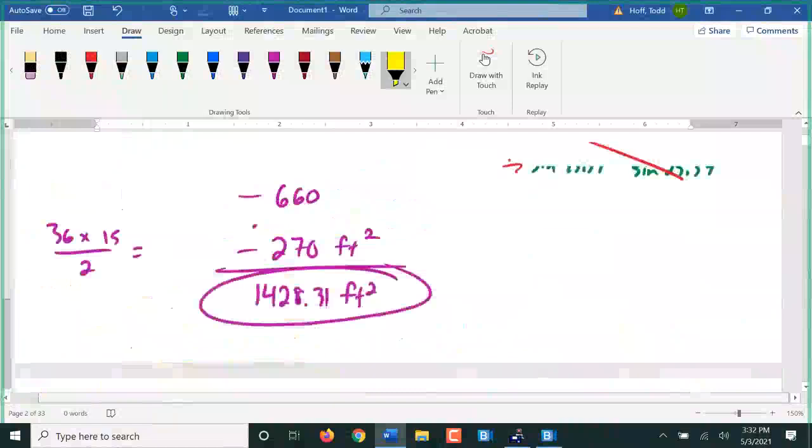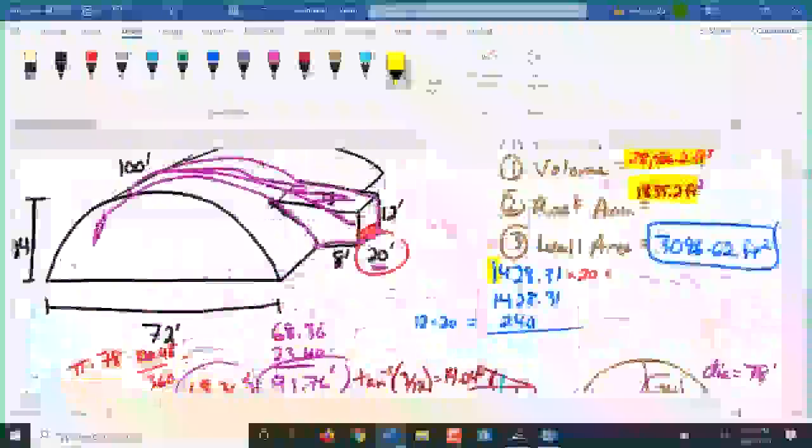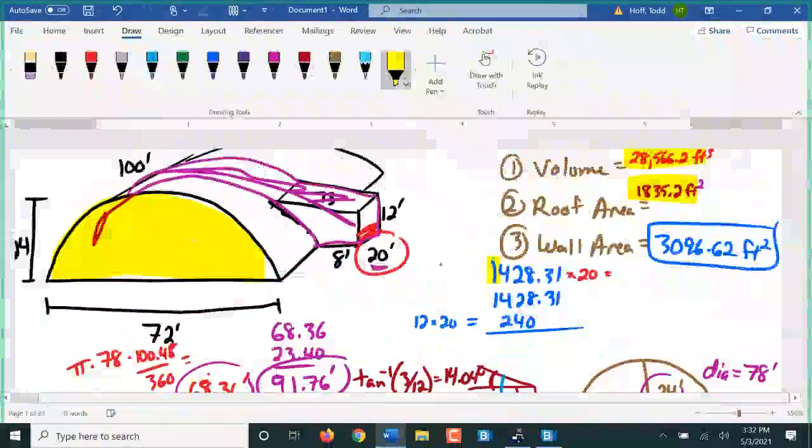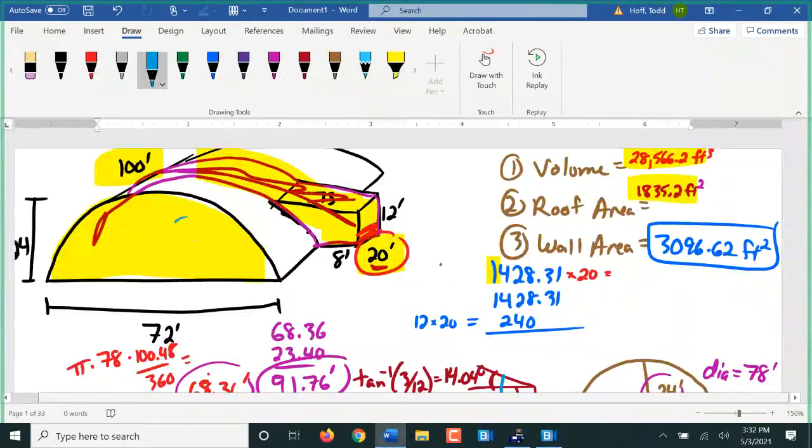That means if we come back up here, what does that contribute to the volume? Well, it's this area times 100 minus 20, right? 20 feet was what we took out for this section. 100 minus 20 is 80 feet that this area will span.